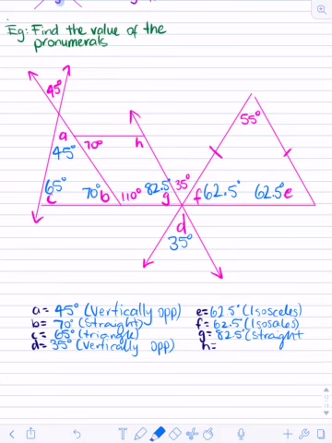So I can subtract them from 360 to find out what the remaining is for H. So I'll do 360 minus 70 minus 110 minus 82.5, and I'm left with 97.5. So I know that H is 97.5 degrees, and the reason being is that it is a quadrilateral.